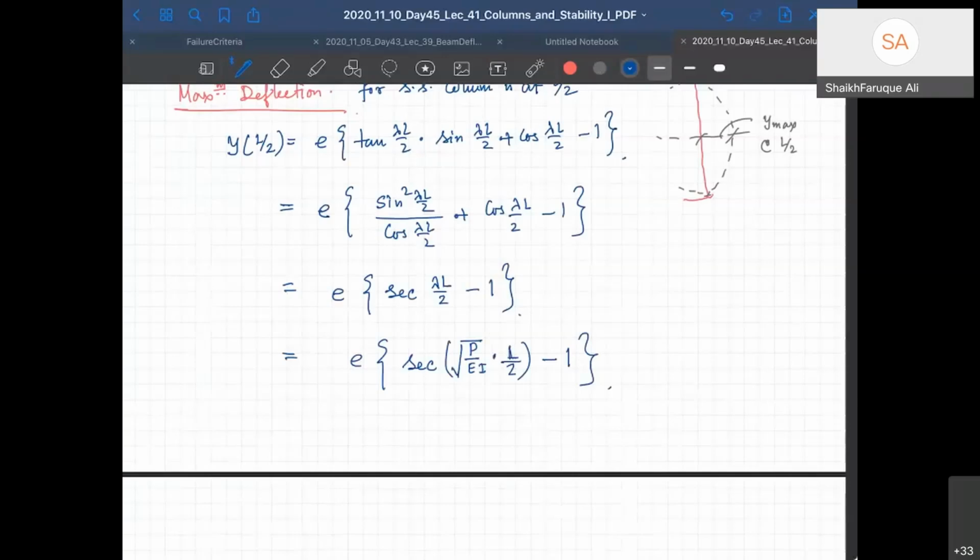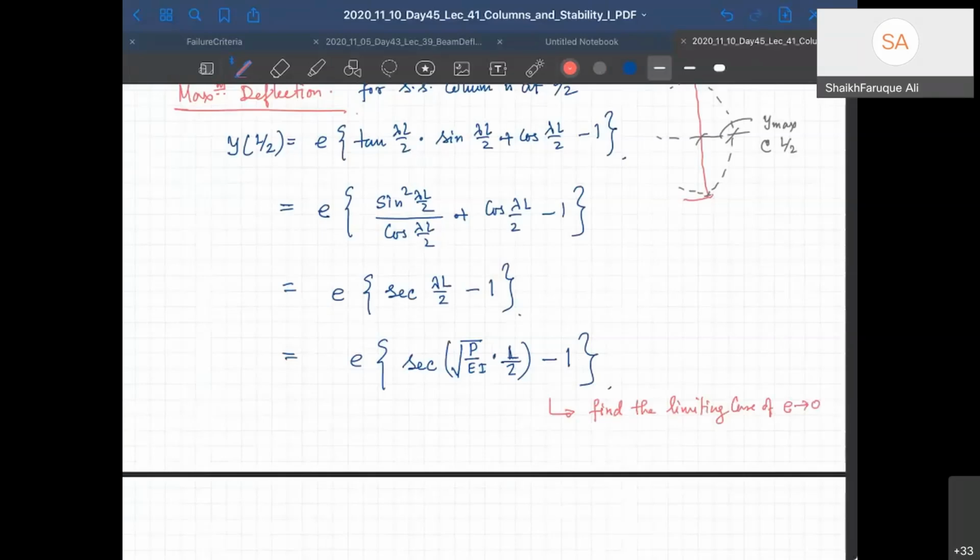Now, how do you find your PCR? From here, can we make E equal to 0 and find my PCR? That I'll give you as homework. Find the limiting case, E tends to 0.